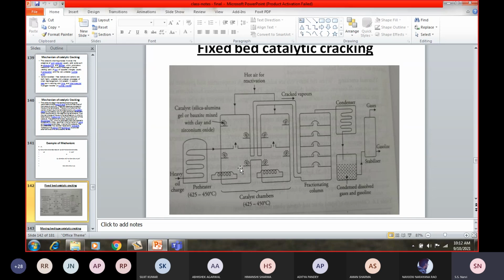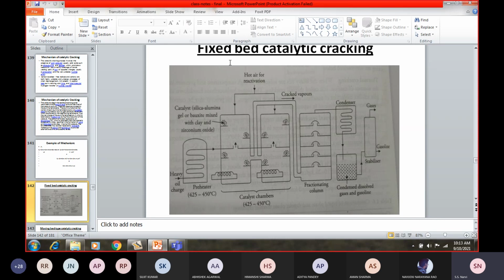There are two catalytic chambers, both maintained at 425 degrees centigrade. So, in the form of vapor, the oil enters into this because it is already heated to 425 degrees centigrade, and then enters this catalytic chamber. The reaction takes place. The larger molecule components are cut into smaller ones, and then these vapors come out here and are fed into a fractionating column where various components are separated.